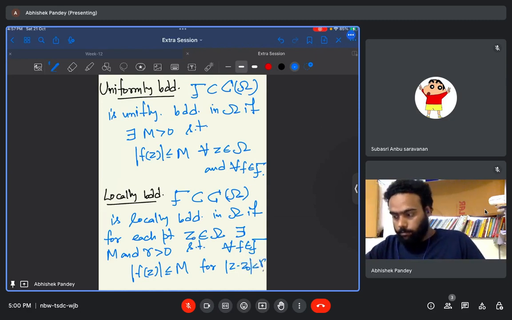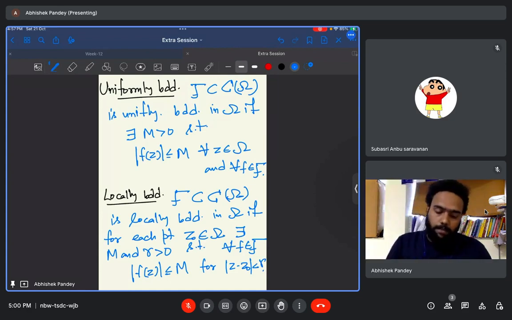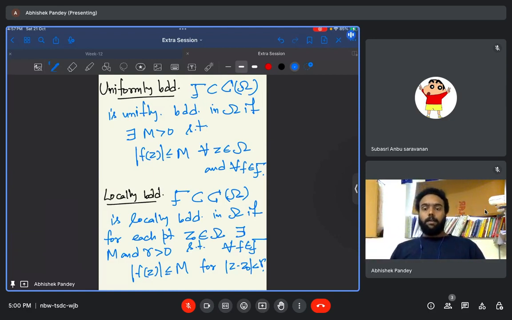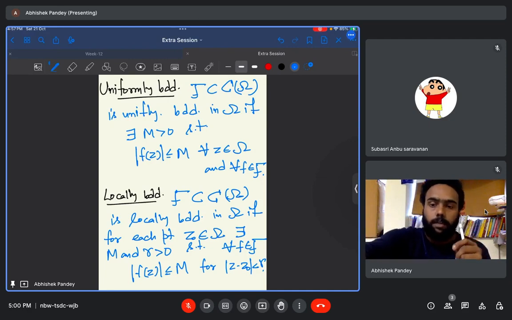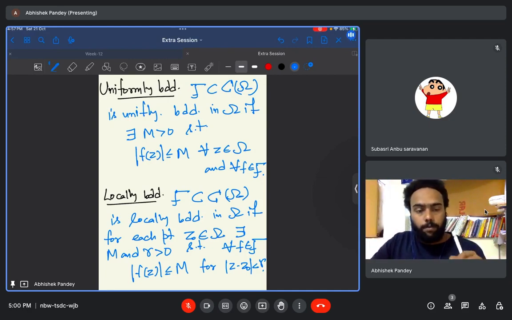It means that at every point of Ω there is a neighborhood around z0 on which F is uniformly bounded. So F is locally uniformly bounded.